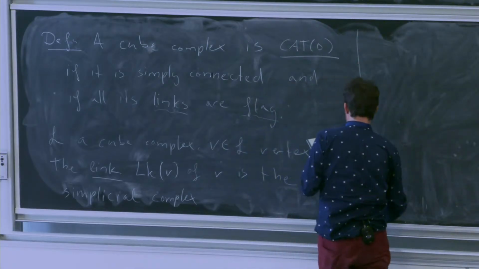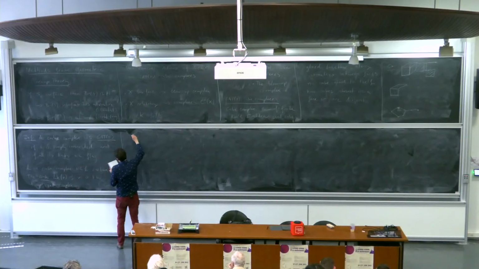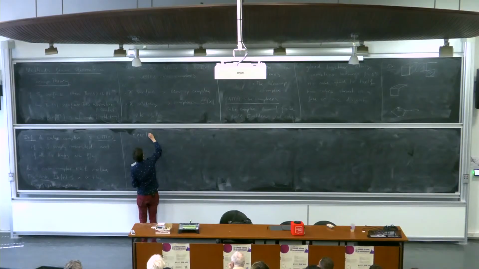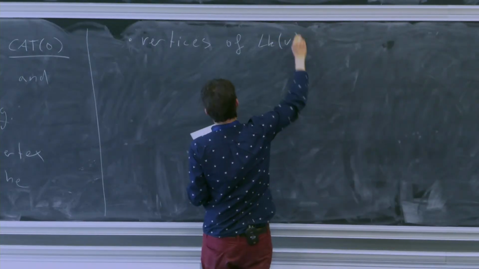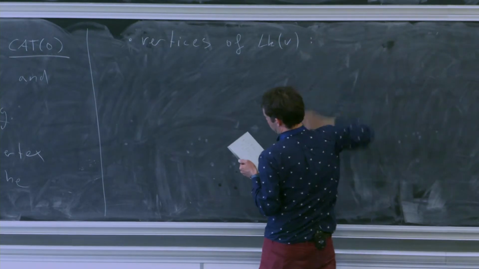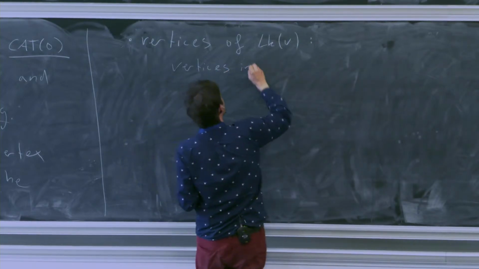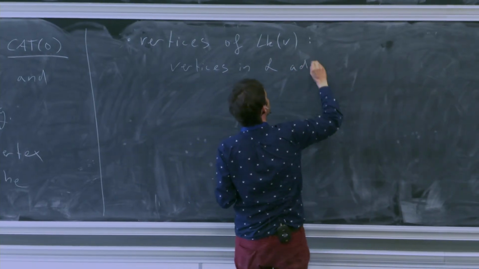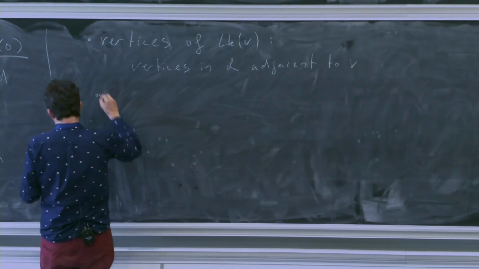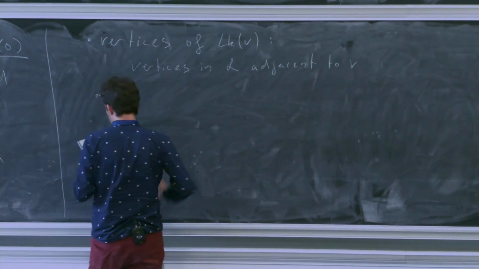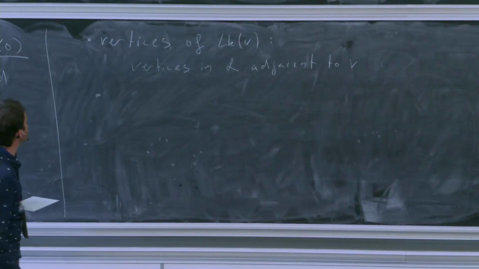The vertices of the simplicial complex are just the vertices in L that are adjacent to V, and they form a simplex if they are contained in a common cube.